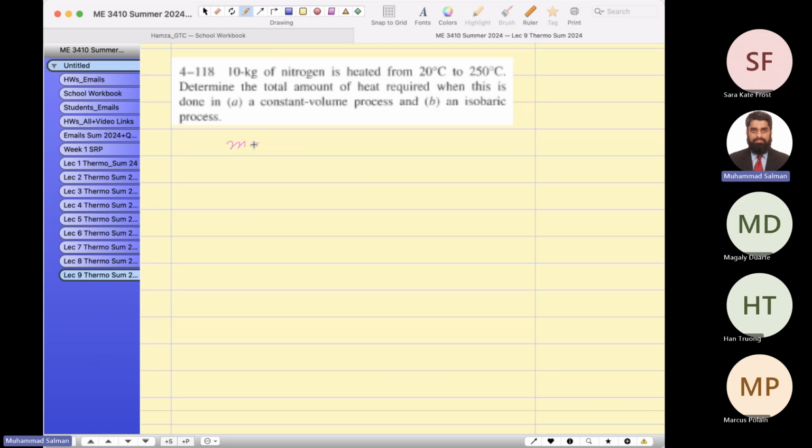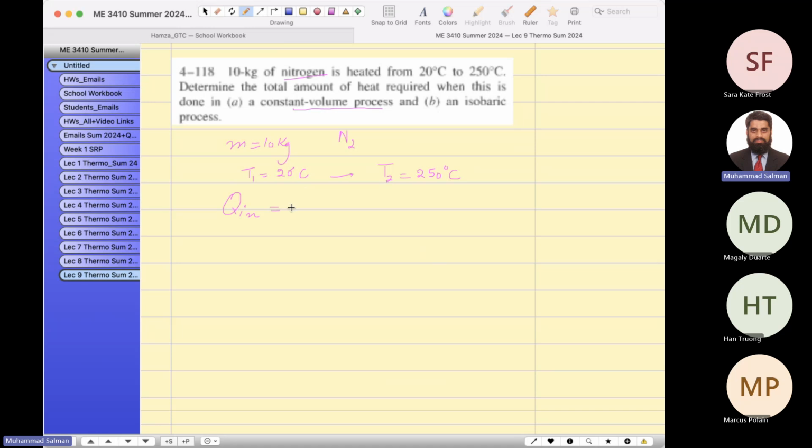The mass is 10 kilograms and the working fluid is nitrogen, a perfect gas. It is heated from temperature T1, 20 Celsius, to temperature T2, and determine the total amount of heat required when this is done. So you have to find Q in.